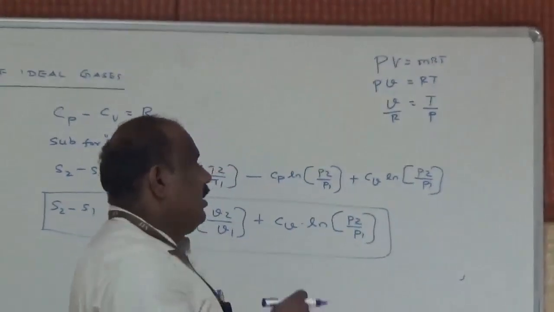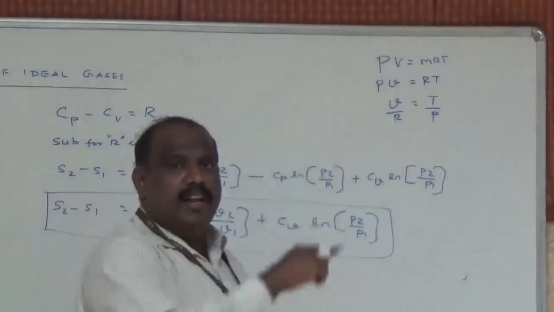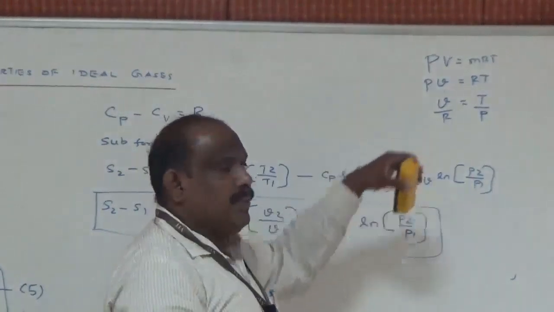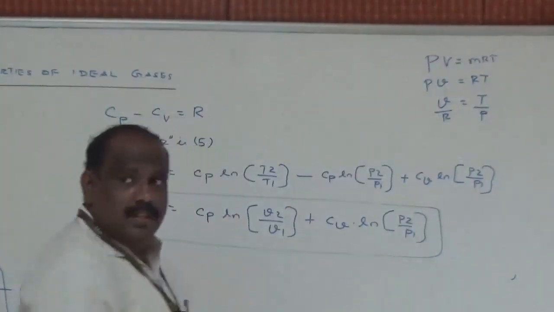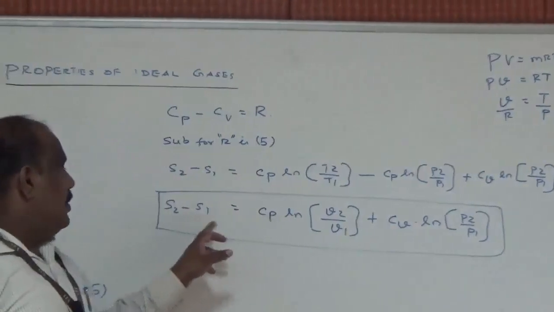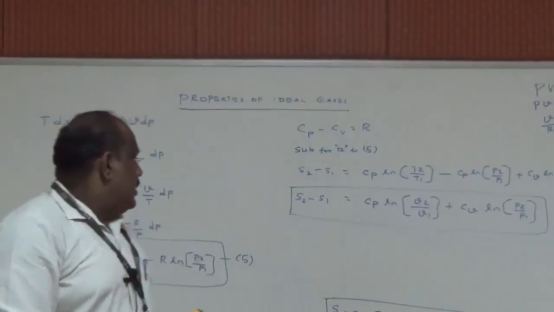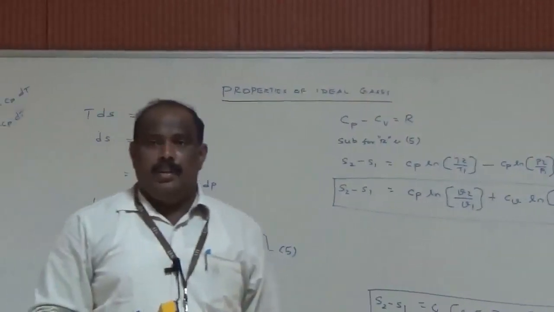So T1 by P1 will become V1 by R. When I take T2 by P2 divided by T1 by P1, I will end up with V2 by V1. So this equation will be S2 minus S1 equal to Cp into ln of V2 by V1 plus Cv into ln of P2 by P1.